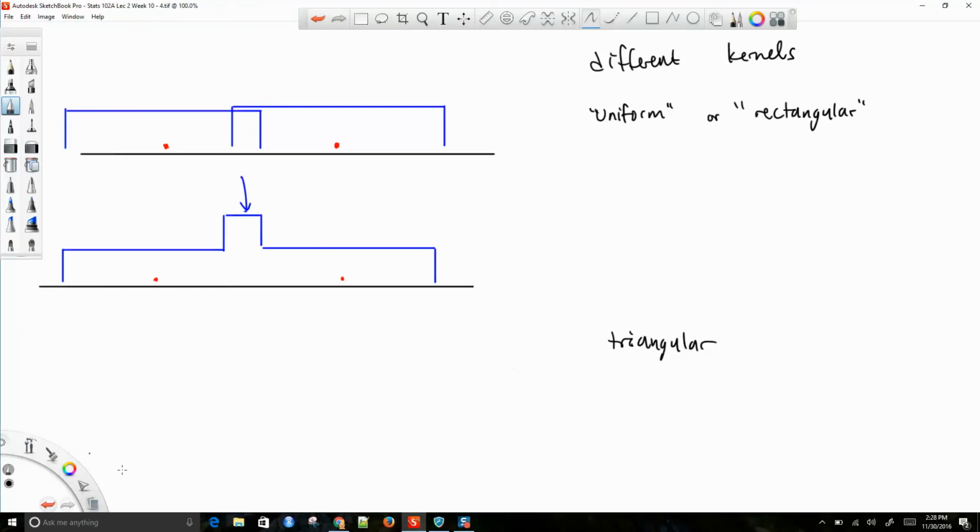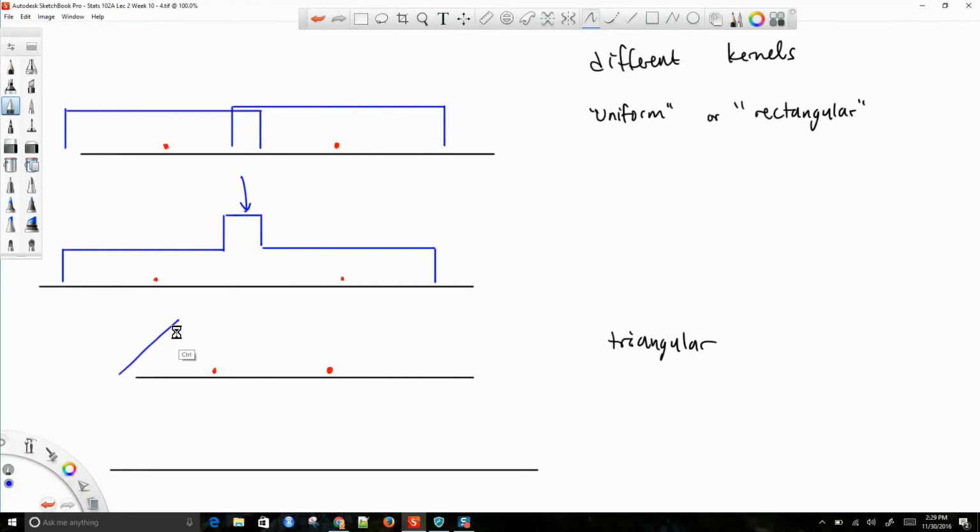And so with a triangular kernel, let's say I have 2 triangles right there. What the triangular kernel looks like, you've got a triangle centered right here and a triangle centered right there.